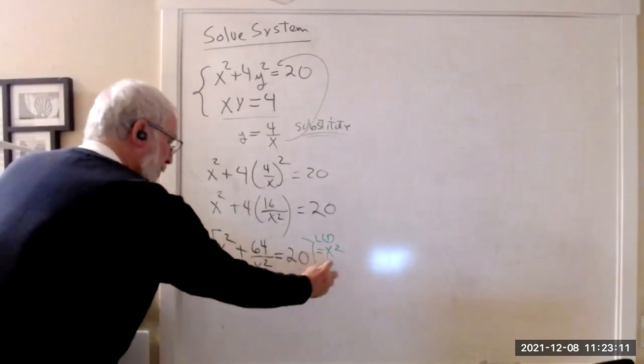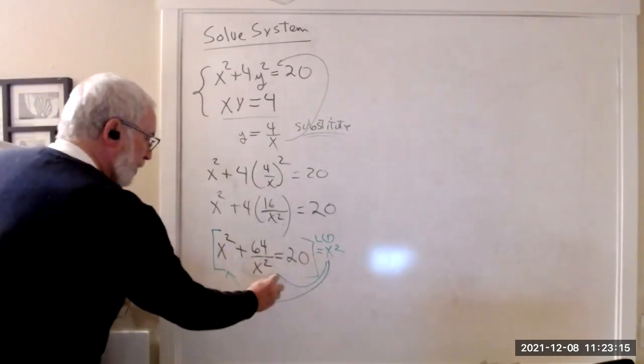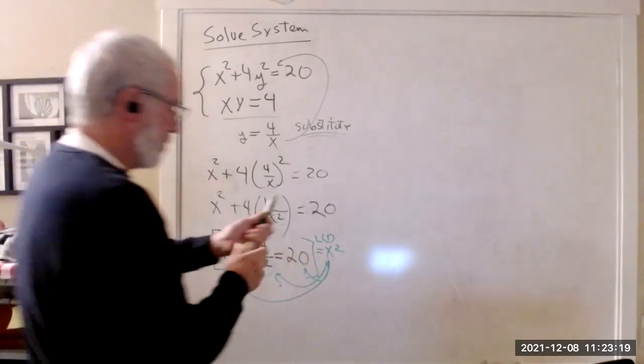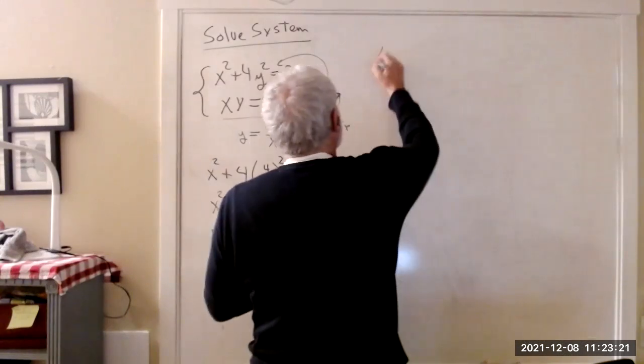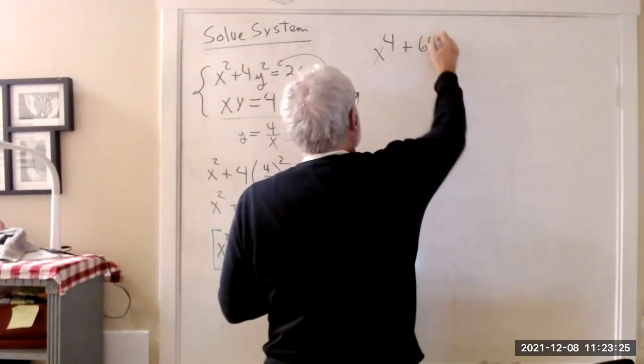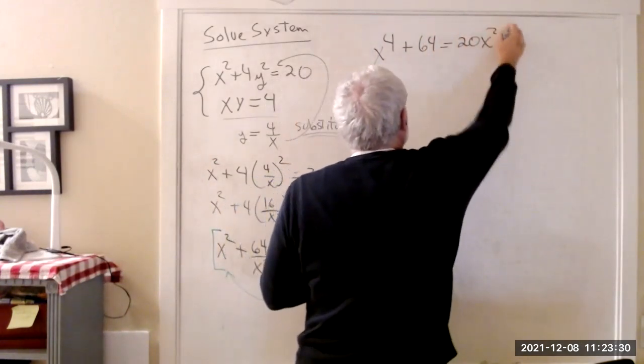You're going to distribute x squared to here, x squared to here, x squared to here. You're going to get x to the fourth plus 64 equals 20 x squared.